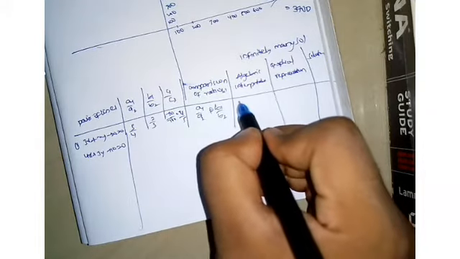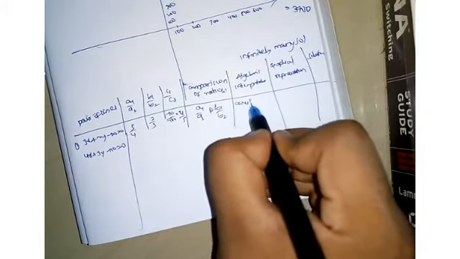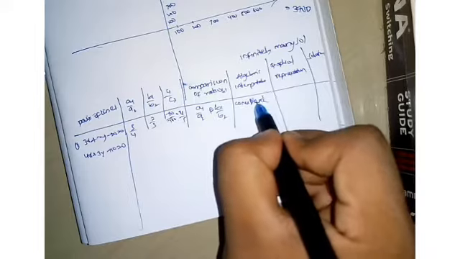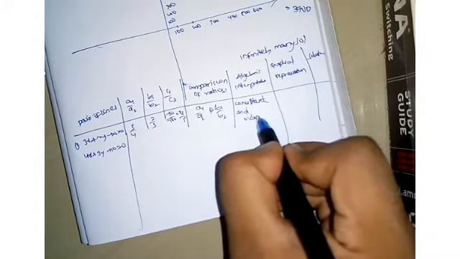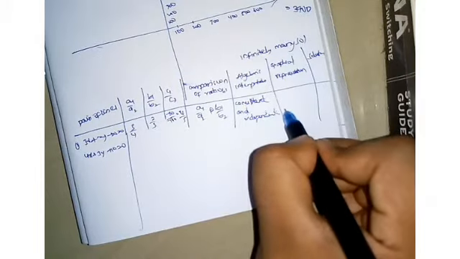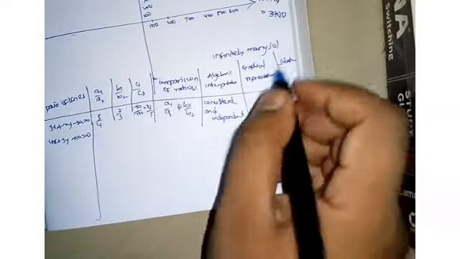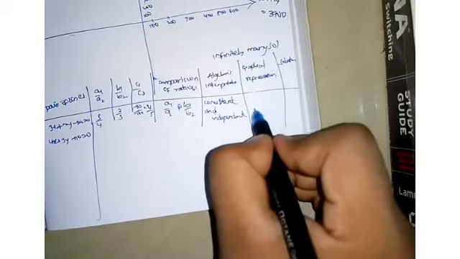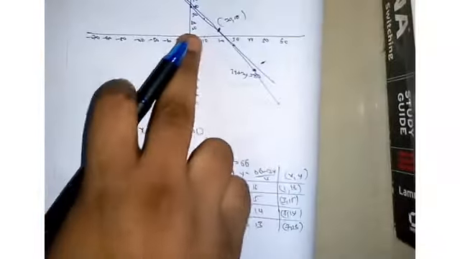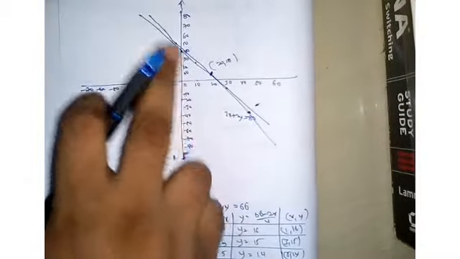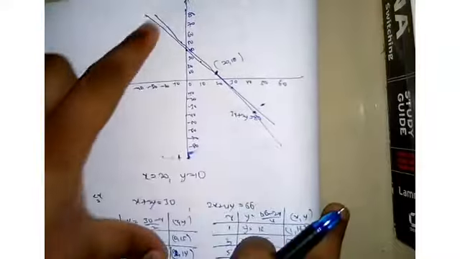Algebraic interpretation: this is a consistent equation, consistent and independent. So graphically it is intersecting. I'll show you the example. Here the first one, they are intersecting at a point, and these are consistent and independent also. So the number of solutions is one solution.